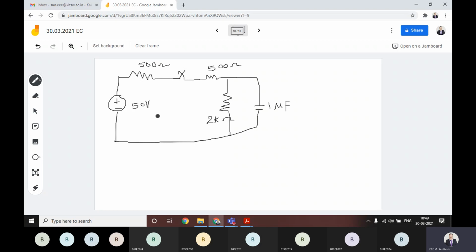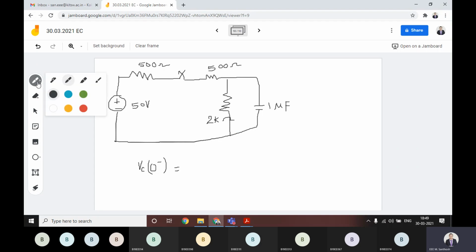Now with that procedure, all of you solve first Vc 0 minus across the capacitor. You have to calculate the voltage. Voltage must exist whenever the open circuit is there, right? In steady state condition, this capacitor is an open circuit.